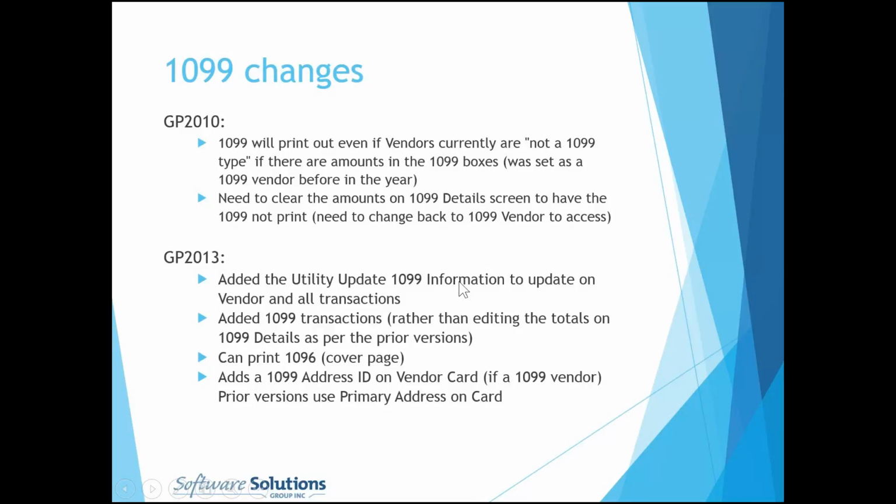They added a utility to update the 1099 information on the vendor and all transactions. And they added 1099 transactions rather than editing the total on the details like you did before. In this version, you can print the 1096. Also in this version, each vendor has a 1099 address ID specified, versus the prior version, which just used the primary address on the card.